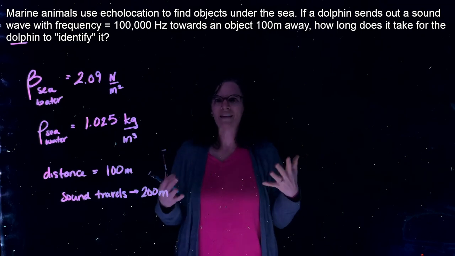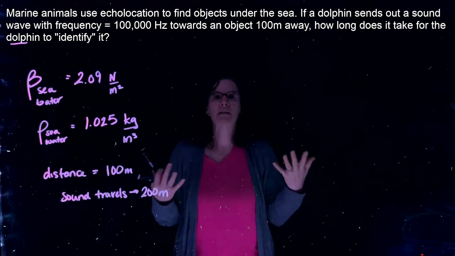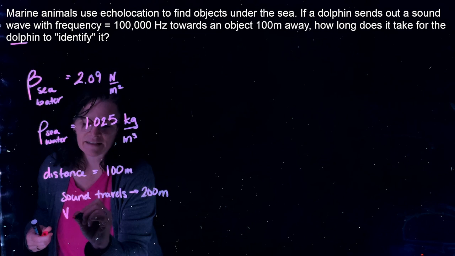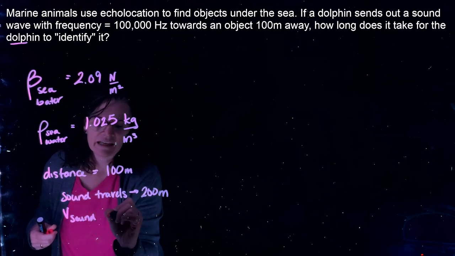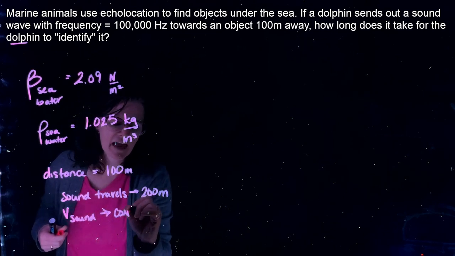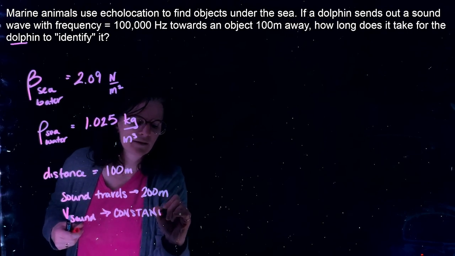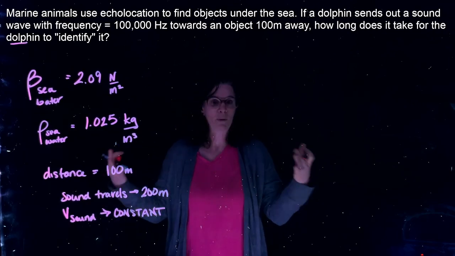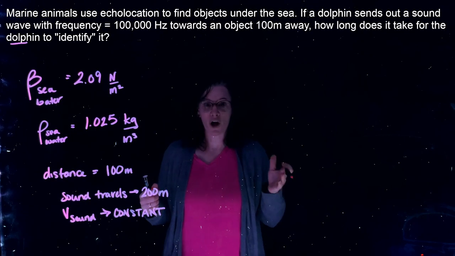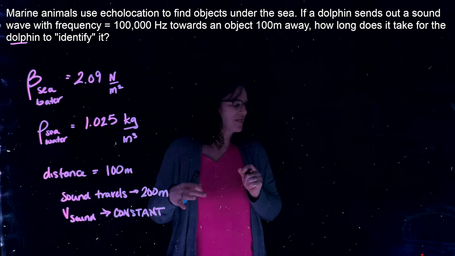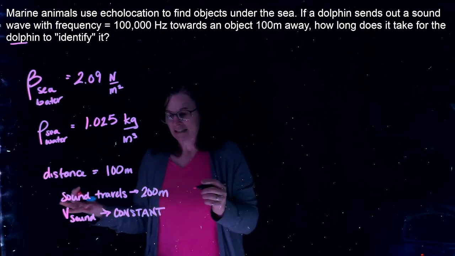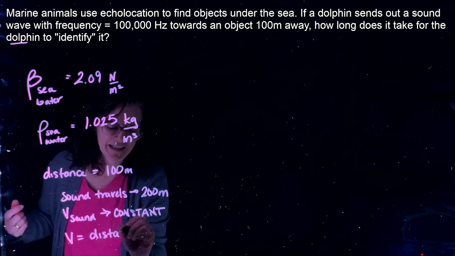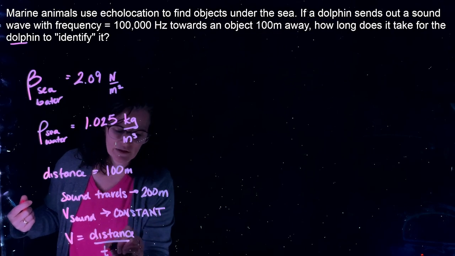We also know that to get how long that sound travels, it's going to be traveling at a constant velocity in the medium. So the velocity of the sound is a constant in that medium, right? We've talked about how in a certain medium, sound waves will travel at a constant velocity based on that medium. And we know that the velocity, from our kinematics unit, is equal to the distance over the time.